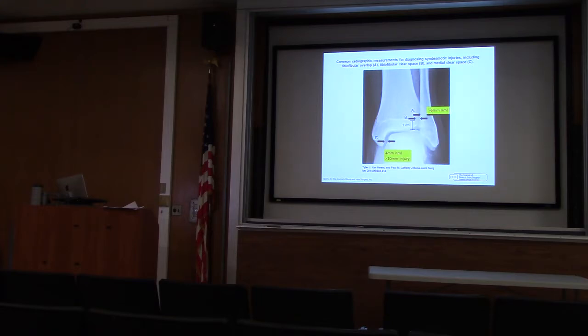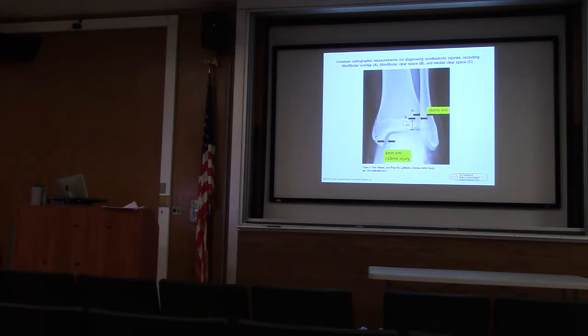So, just for your numbers, this overlap should normally be greater than 6 millimeters. So if it's less, meaning this tibia kind of looks like it's out in space over here, that's highly suggestive of a syndesmotic injury. And then for the medial clear space, usually this should be about 4 millimeters. If it's greater than 10 millimeters, you have signs of a syndesmotic injury.